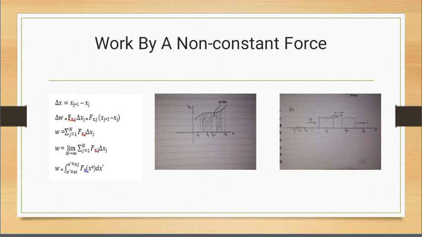When we apply the force, because the force is a function of position, we want to look at the displacement over a small amount. So let's call this point x_j, and here, let's refer to this as x_j plus 1.